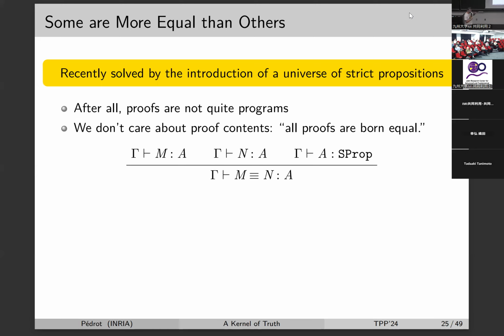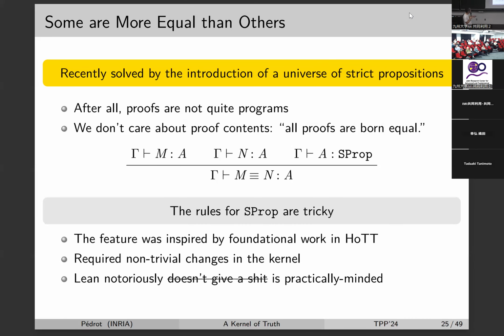So it's really saying that the proofs are equal. I think it was motivated by fundamental type theoretical reasons, because it's hard to implement actually. You have to be careful about how you do it. So it was kind of intelligent, I would say. And yes, that was the important part here, that the kernel was extended in a non-trivial way.